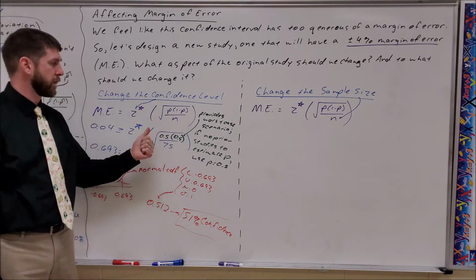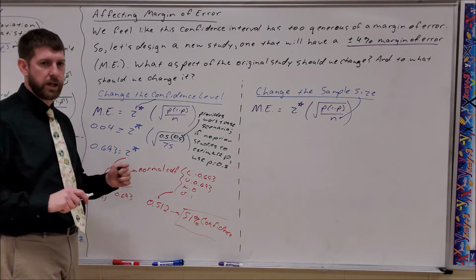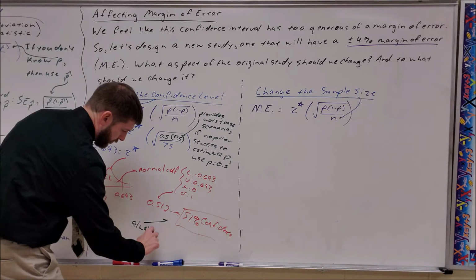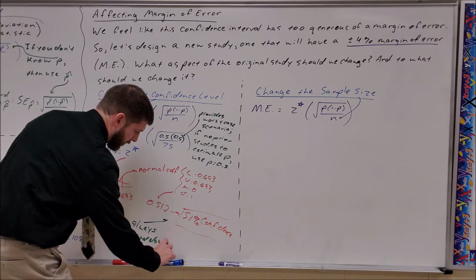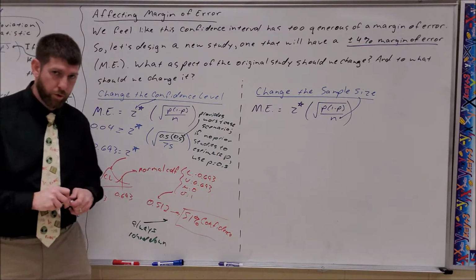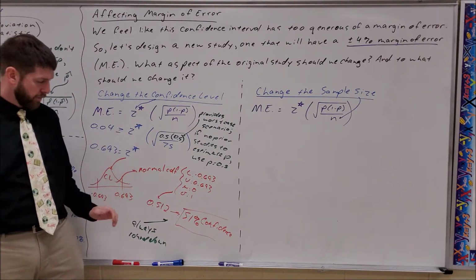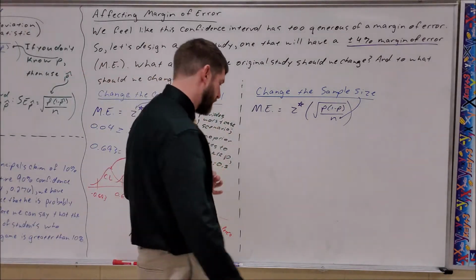So whenever you're trying to figure out how to round with confidence levels, every single time, always round down. Always round down. I don't care what that third value is. When we're rounding off a confidence level in the margin of error problem, round down 100% of the time. All right, so that's a confidence level.